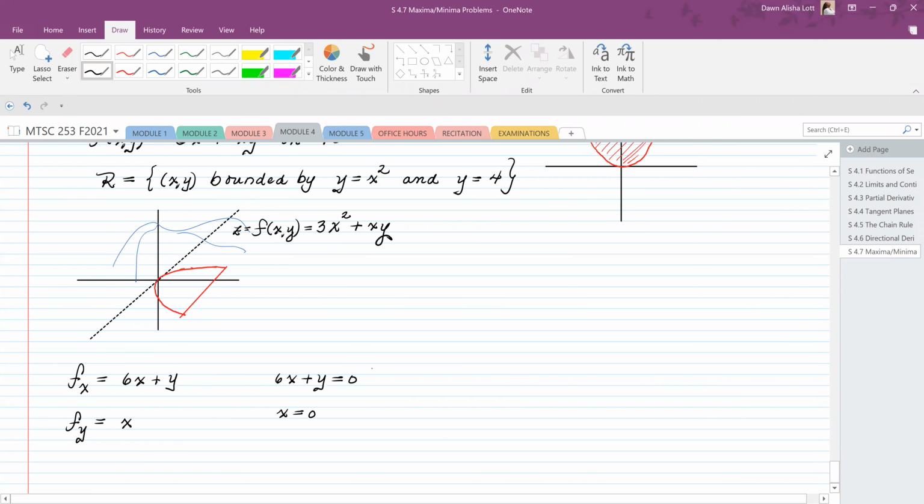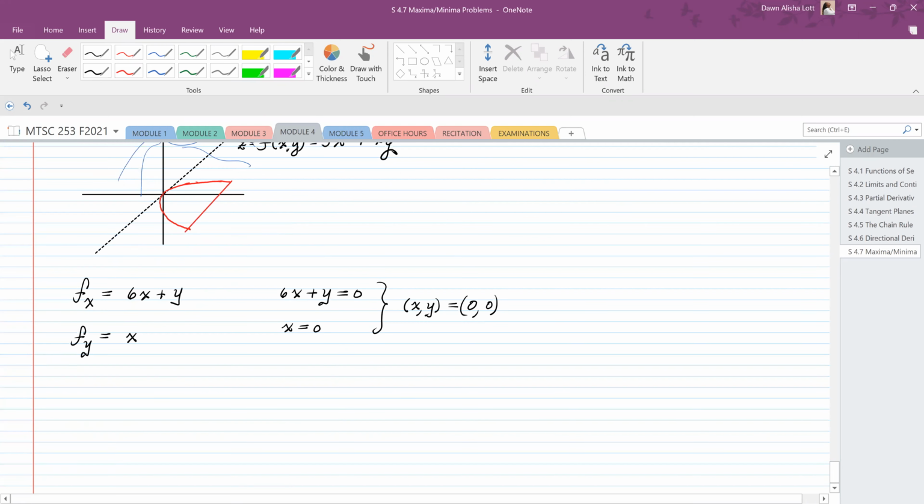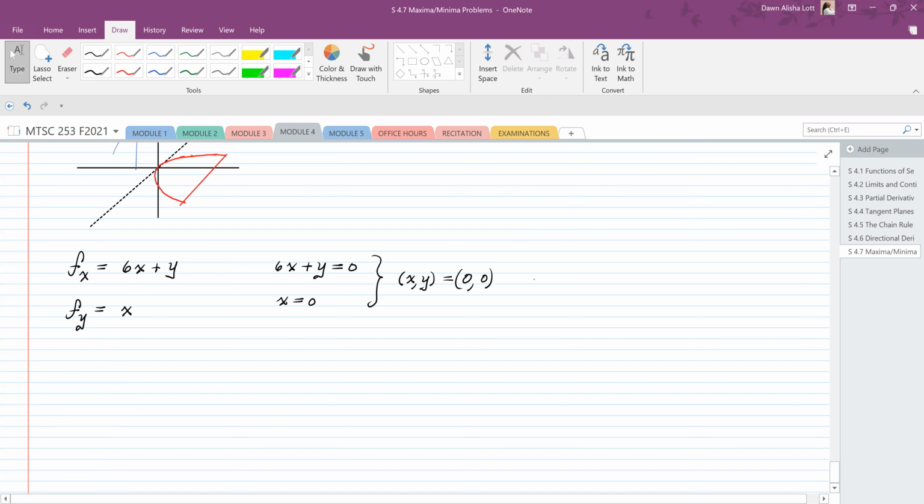Well, if x is 0, y is 0, so this gives me the only critical point, 0, 0. So now I have my critical point 0, 0. What I now need to do is check the function on the boundary. Okay, and we'll pick up here tomorrow.